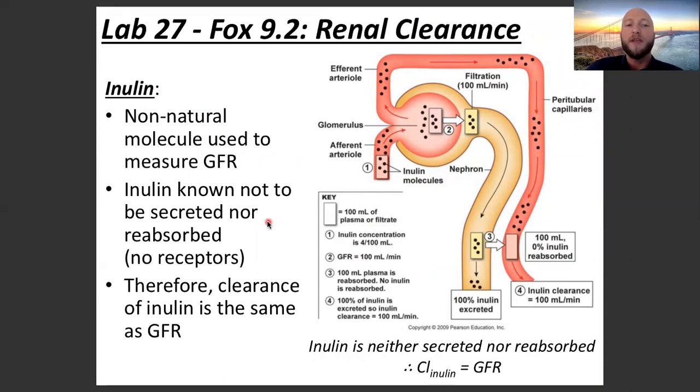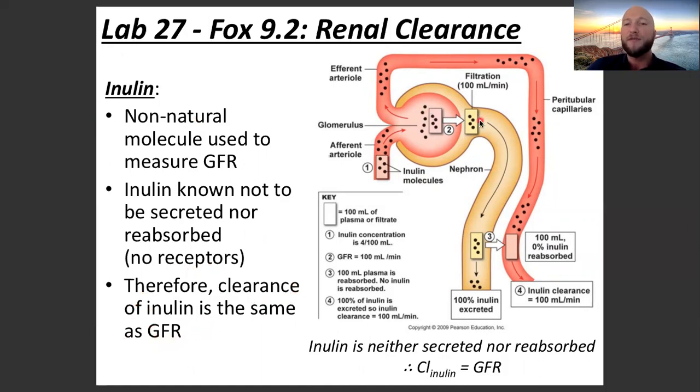Inulin is known to not be secreted or reabsorbed, but inulin is filtered, which means that the clearance rate of inulin will equal GFR. If we can figure out the clearance rate of inulin, we can figure out that patient's glomerular filtration rate. We're able to calculate the clearance rate, and then we can use the clearance rate to interpret or guess what the GFR is.